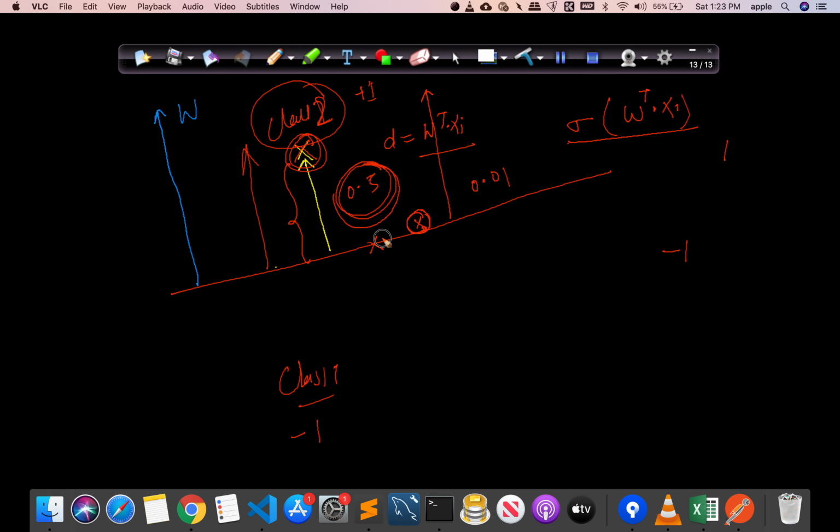If this is here, then the probability of belonging to this is 0, and for this also it is 0, because the sigmoid value will give us a value of 0. So this is how it works. That's why I have mentioned in our previous slide that it is the probability.